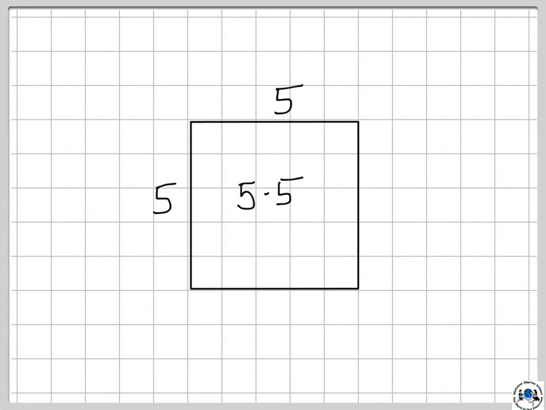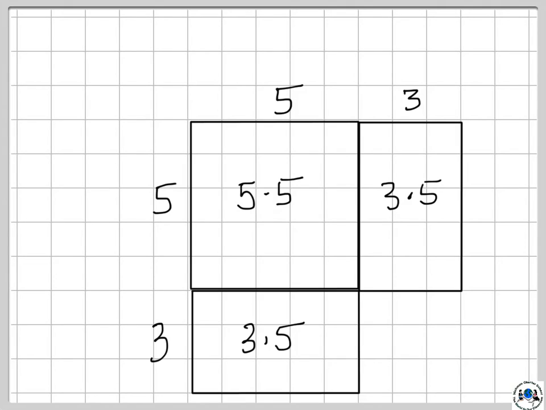So let's take a look at how this pans out. First I have my 5 by 5 original square, extended by 3 in length, and then 3 in width. Those would be 2 separate transactions. Remember we talked about that: one just increasing the length, one just increasing the width.